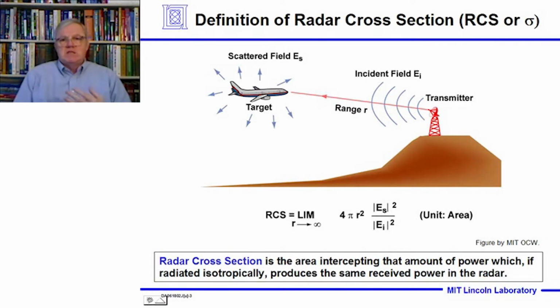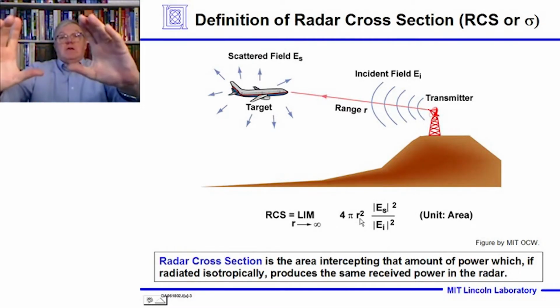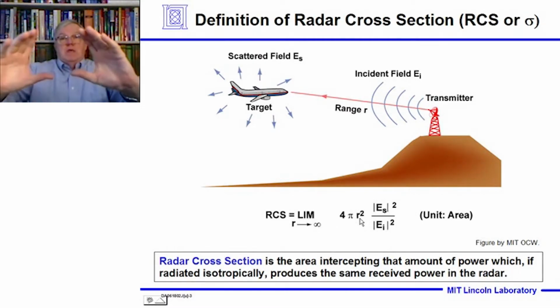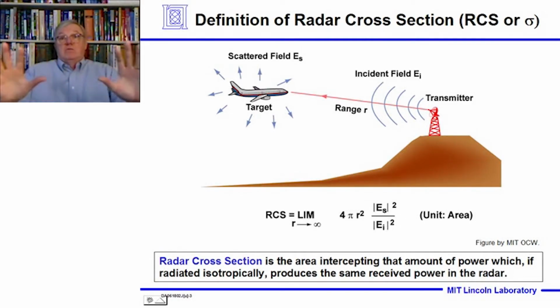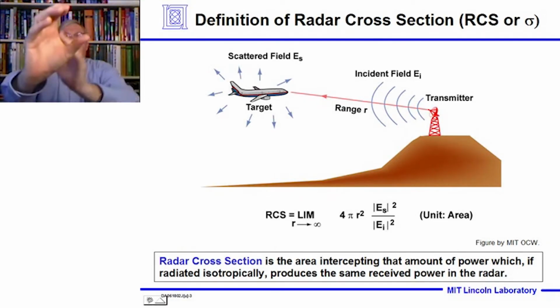So it's a definition. Now we want this definition not to depend on range, and it doesn't, because we have a factor r to the fourth, which takes into account that the target will be geometrically bigger the closer it is to you. The power spreads out in a sphere, and it's going to intercept a smaller area.